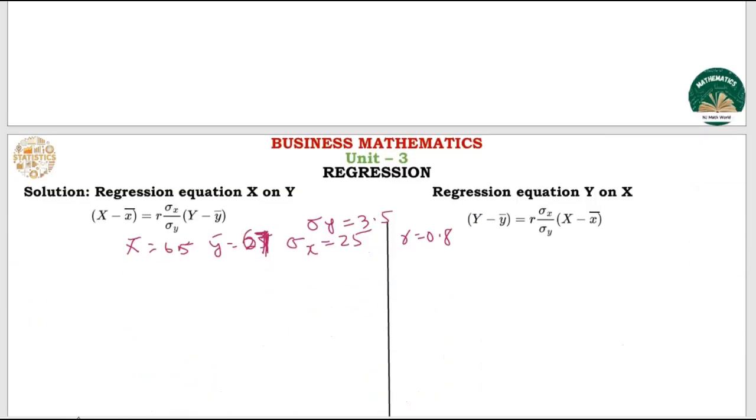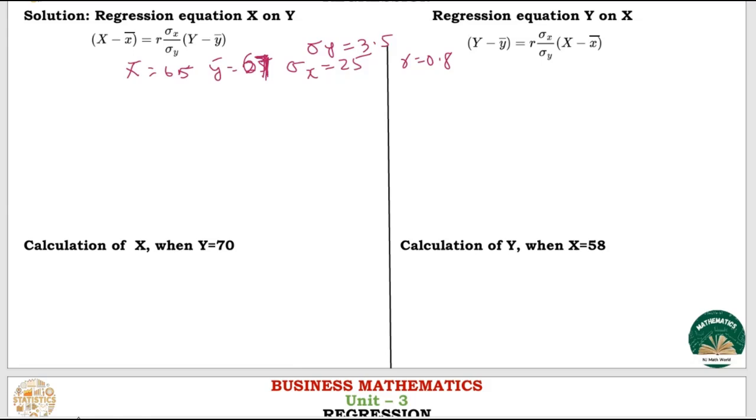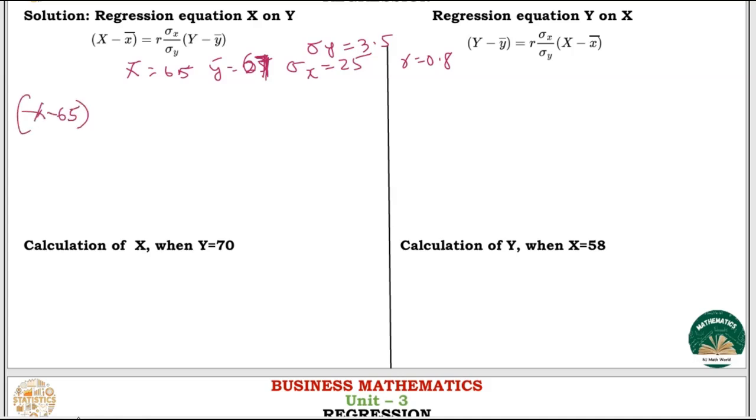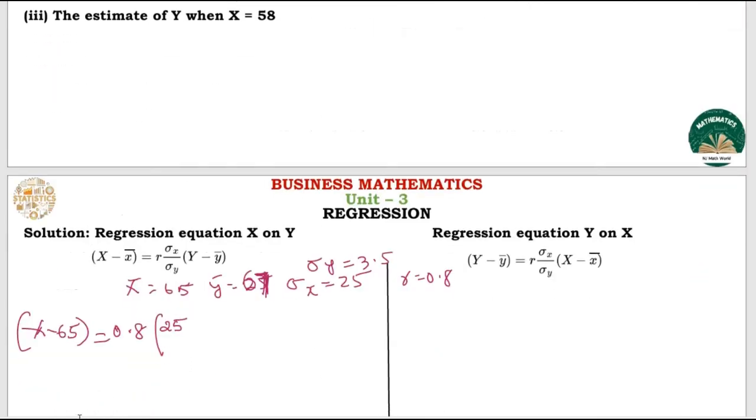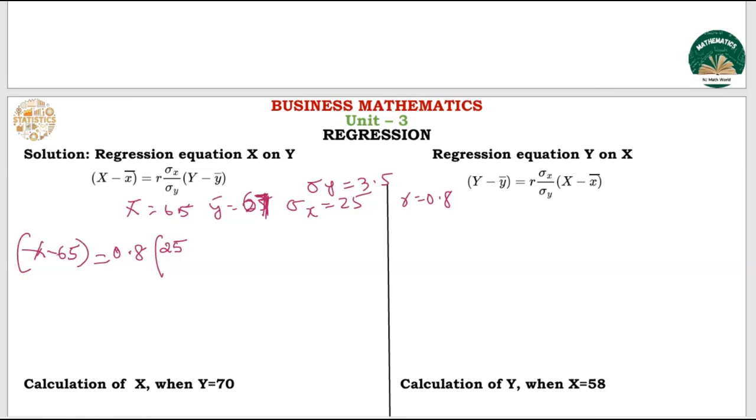Okay, so now we'll solve this by using the formula. x minus x bar, x as it is, so x minus 65 equals 0.8 into rho x is 25 divided by rho y 3.5, into y minus y bar.